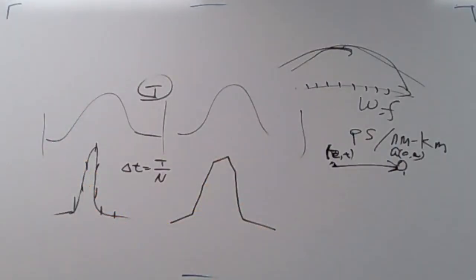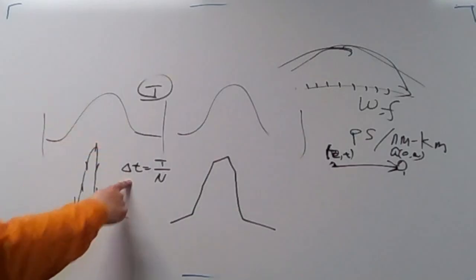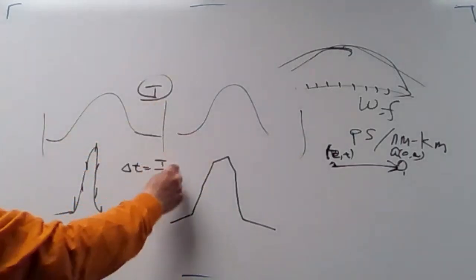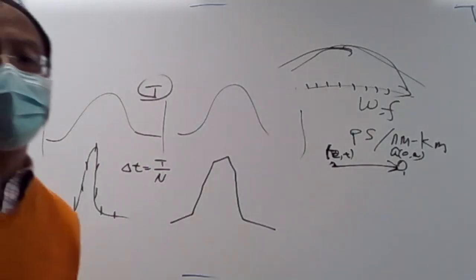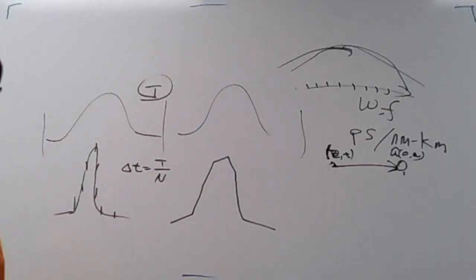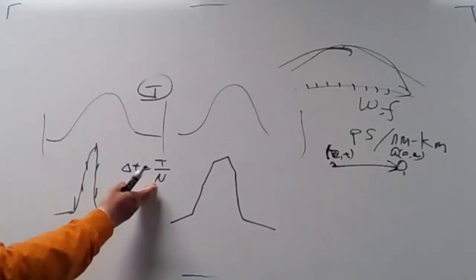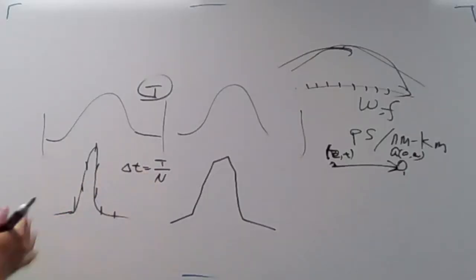Your pulse looks like this, because that's how you sample the pulse. In order to have a smaller delta t and a better picture, you need to decrease the total time span T. Alternatively, you can increase the total number n to twice.